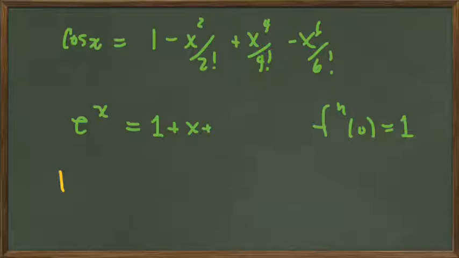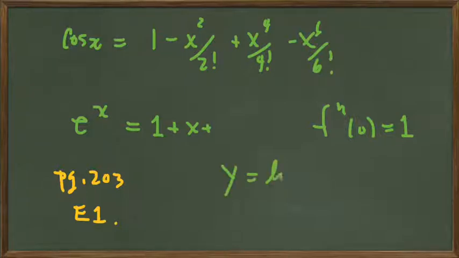On page 203, in example 1, we find the Taylor series for y equals ln x. The process of doing this is a little more difficult than for sine, cosine, or e to the x, and the series converges actually a lot more slowly. We'll take a look at that in the classroom, although that's a little bit too complex for a test question.